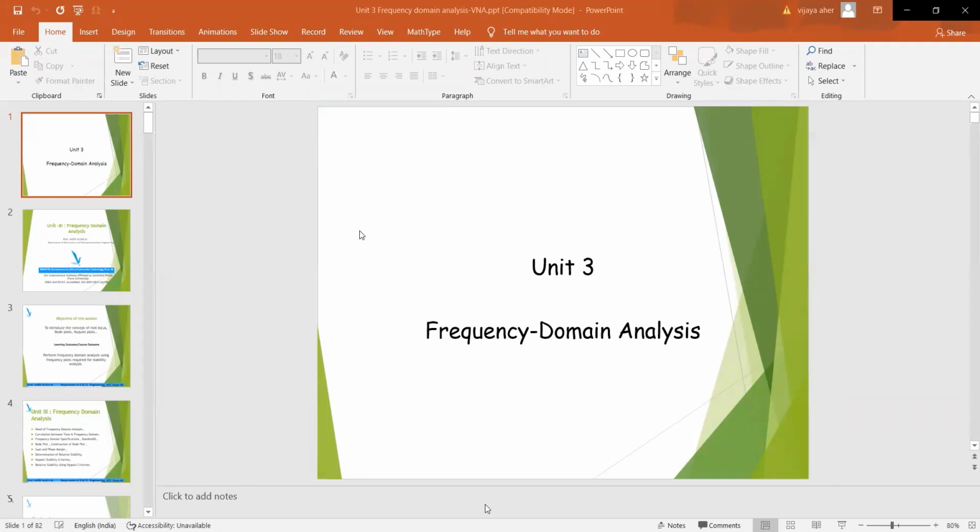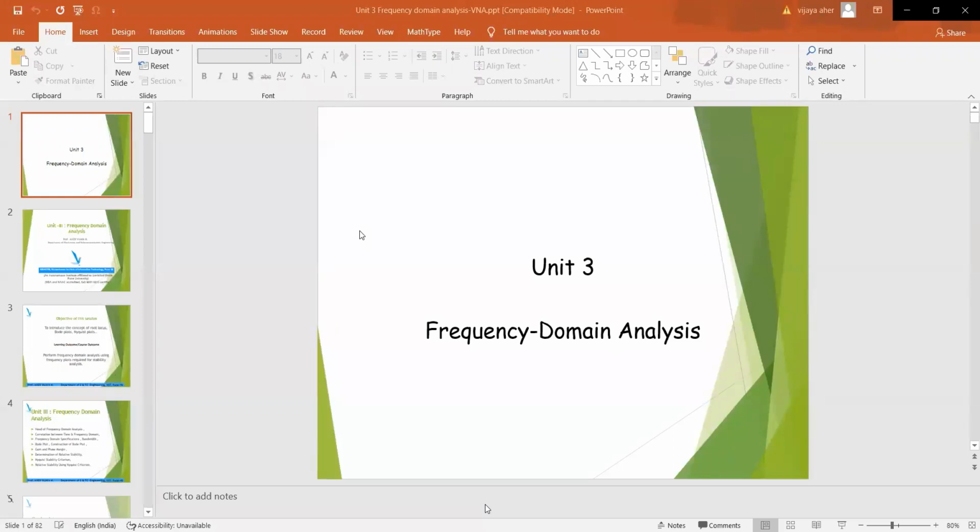Students are joining. So recap of last lecture will take within 5 minutes. In last lecture, you have studied unit 2. In unit 2, you have studied time domain analysis. You have observed the response in time domain for first order system and for second order system, and you have studied the parameters related to second order systems.